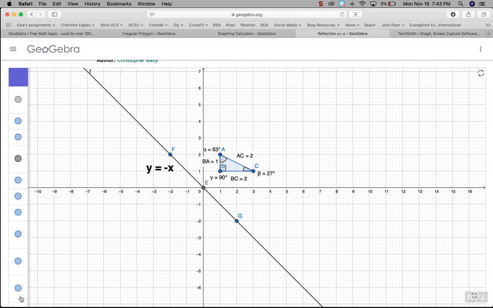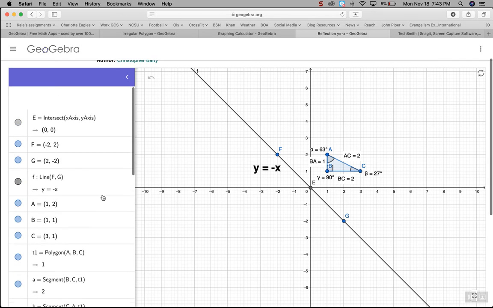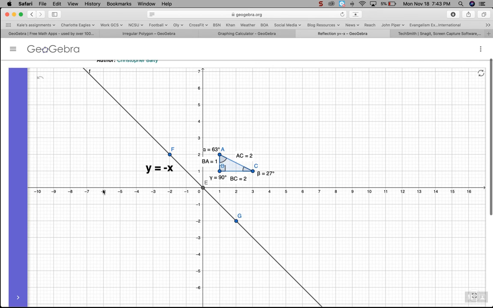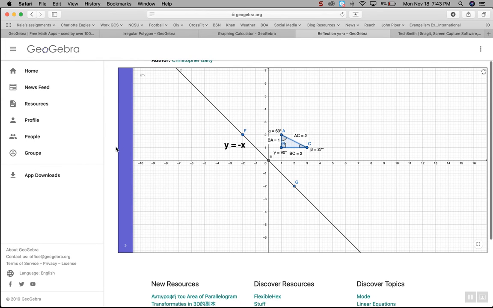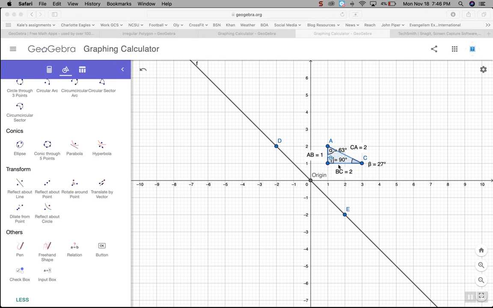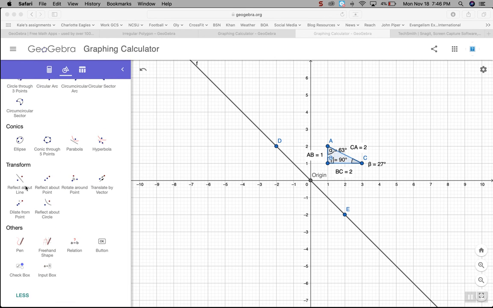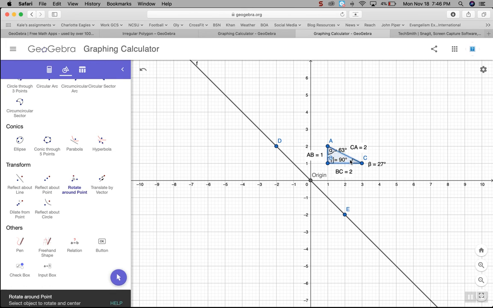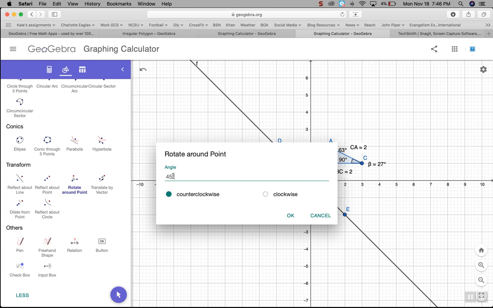So all I'm going to do here is take this, and as we can see here, we have a right triangle, and what we're going to do is first rotate it, like we did with the other image, the pre-image around the origin, 180 degrees.